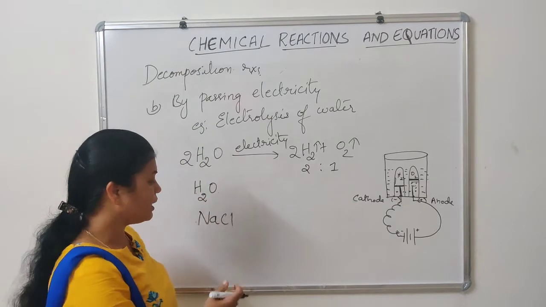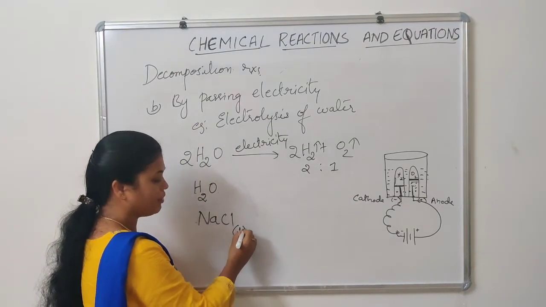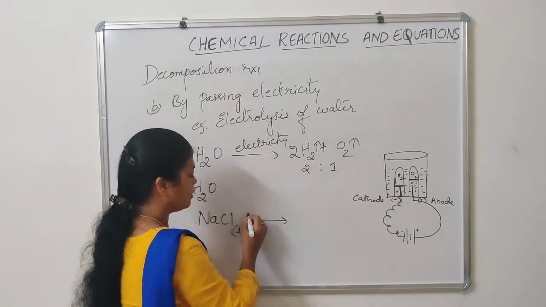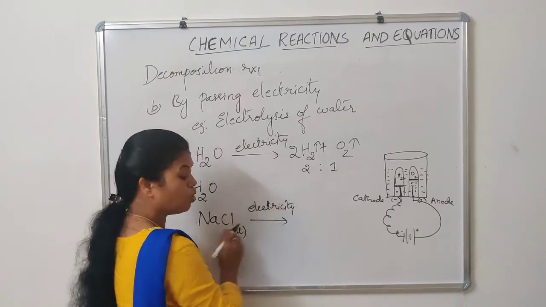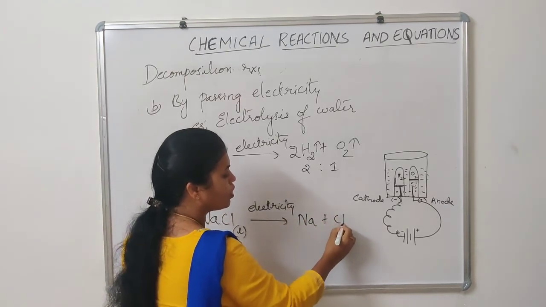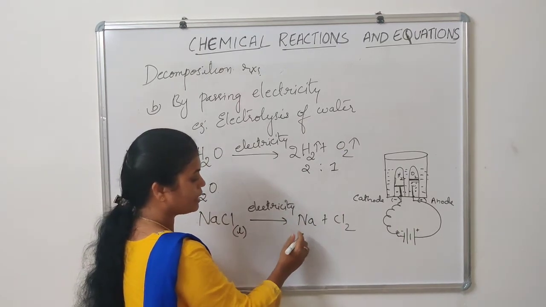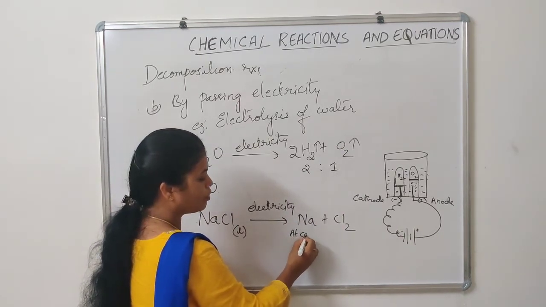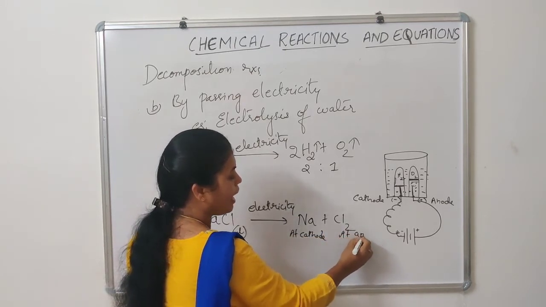The sodium chloride has to be heated to the molten, or liquid, state, and on this we pass electricity. When electricity is passed through molten sodium chloride, it splits up into sodium and chlorine gas. Sodium is a positive ion, so it is collected at the cathode, and the chlorine is collected at the anode.